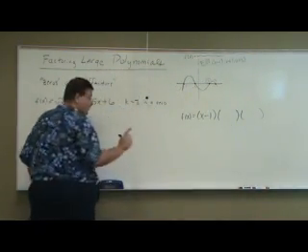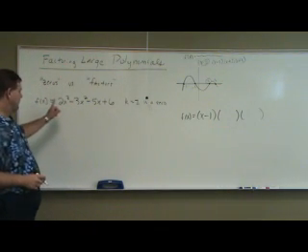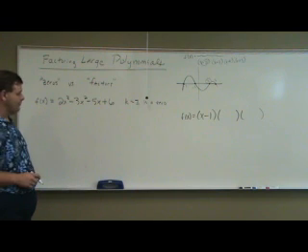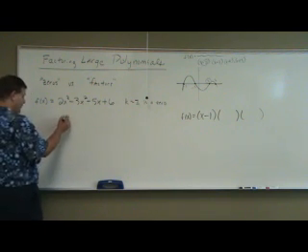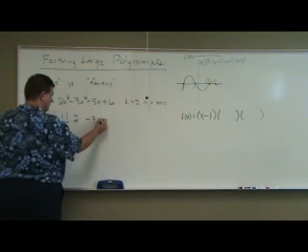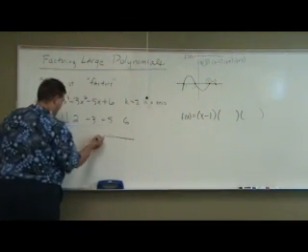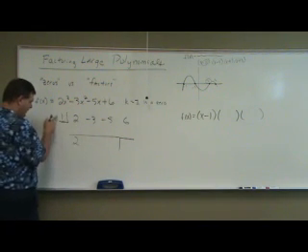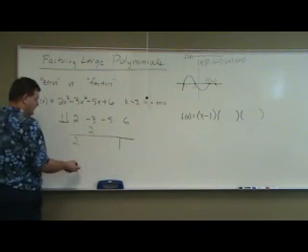So, here's how we're going to do that. I want to use synthetic division and figure out what I get as a remainder when I divide by positive 1. So there's 1. So I drop down the 2. You've done this a lot now. 2 times 1.